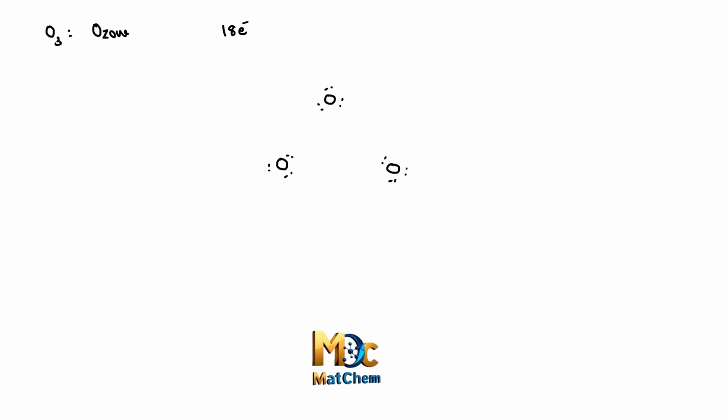So one double bond can be established between these two. So the octet of this oxygen is complete. The octet of this oxygen is complete. But bonding is not completed. So what is the possibility? A single bond can be established between these two oxygens.